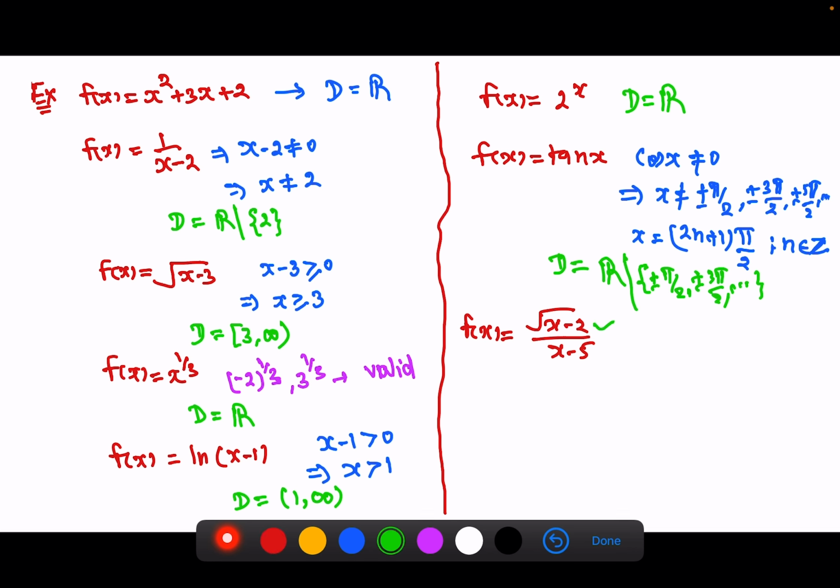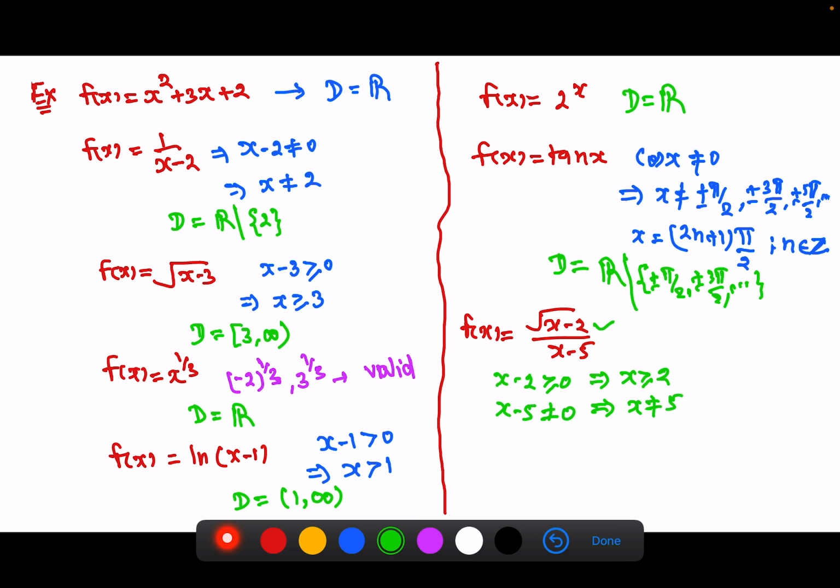Restriction for square root: x minus 2 must be greater than or equal to 0. This implies that x is greater than or equal to 2. Other restriction is that denominator must be not equal to 0. This implies that x not equal to 5.